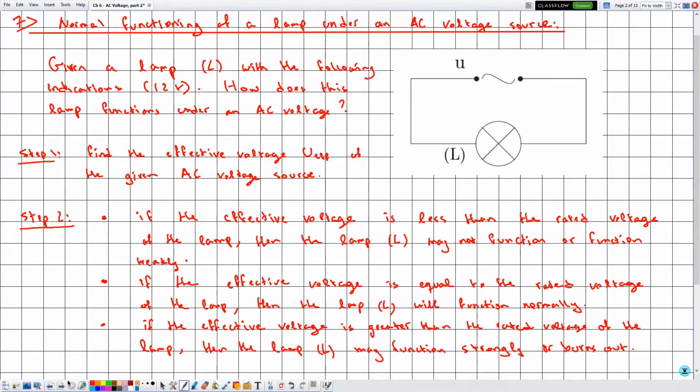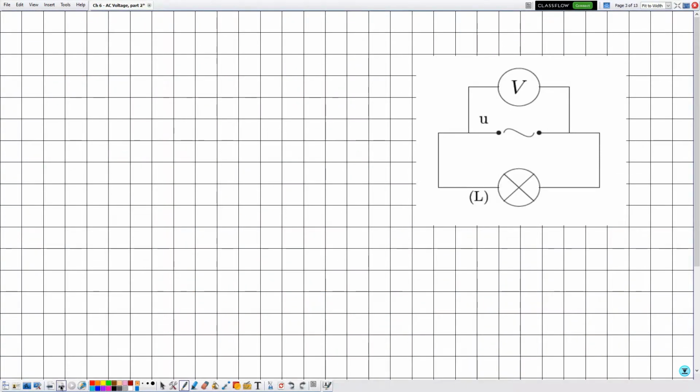So now the other section related to this idea is the usage of the voltmeter in the AC mode.